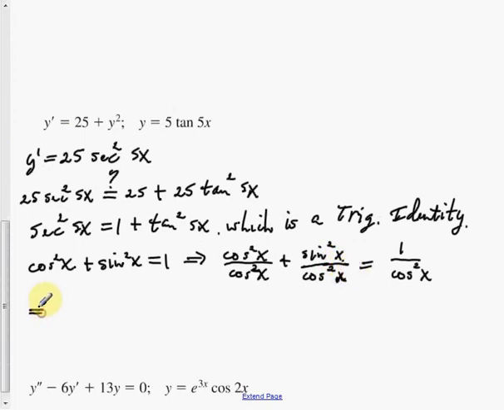So that implies that we have 1 plus tangent square x is equal to secant square x. And we all knew that.